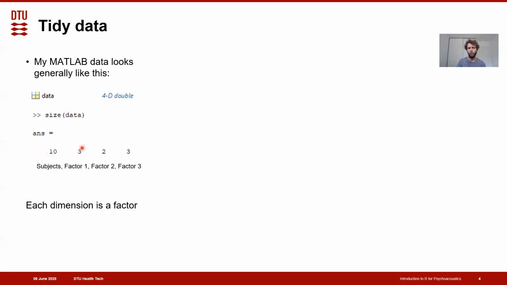Then the first factor with 3 different levels, the second factor with 2 different levels, and the third factor with 3 different levels. So each dimension is a factor. And that's nice in MATLAB because you can very quickly access these dimensions and plot them or plot them all on top of each other or whatever you like. You can calculate means. So that works very well.